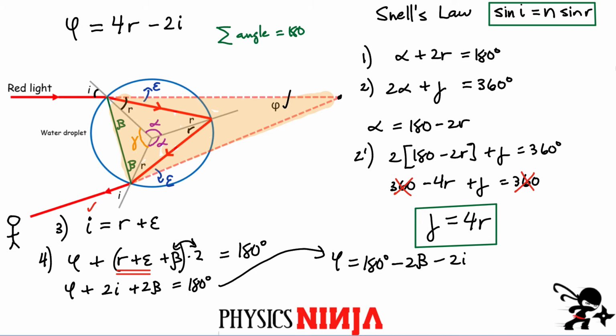Let's focus on the first term on the right-hand side: 180 minus 2 beta. What is that angle over here? Where is that angle beta? Well, that angle beta is also defined in this other triangle, this one right here. And look what that does.